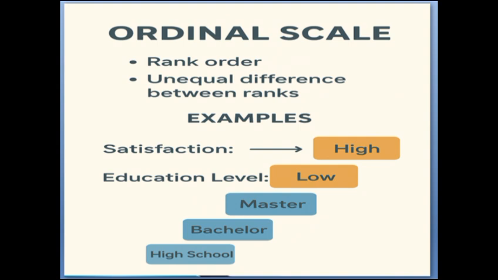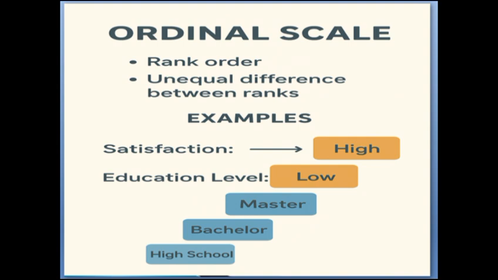Ordinal scale. Ordinal scales allow researchers to rank order data. For example, satisfaction levels can be ranked from low, medium to high, or educational qualification from high school to PhD. Although ordinal scales tell us who is higher or lower, the exact differences between ranks are not equal.